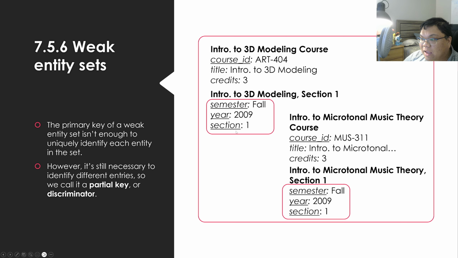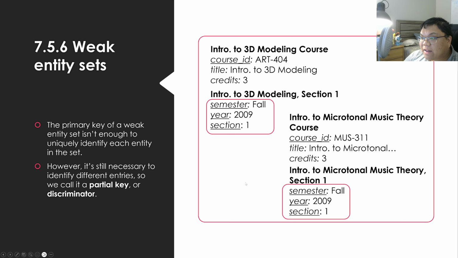As I said, the primary key for a weak entity set is not enough information to tell apart different entities within the same set. So we can't tell whether this is Intro to Microtonal Music Theory or Intro to 3D Modeling.